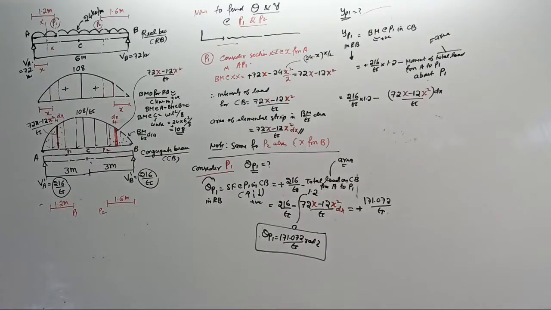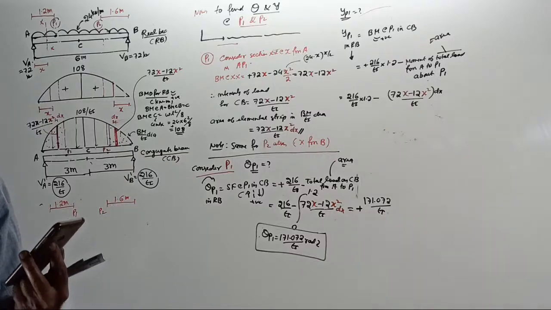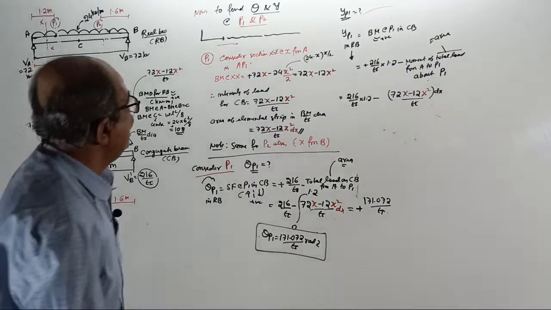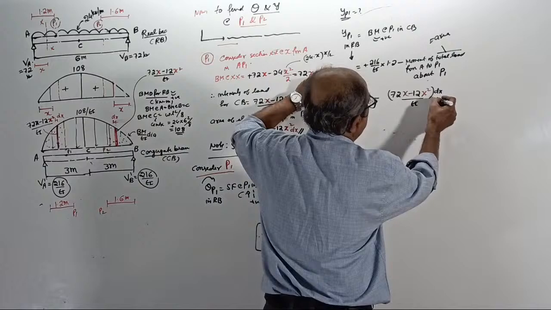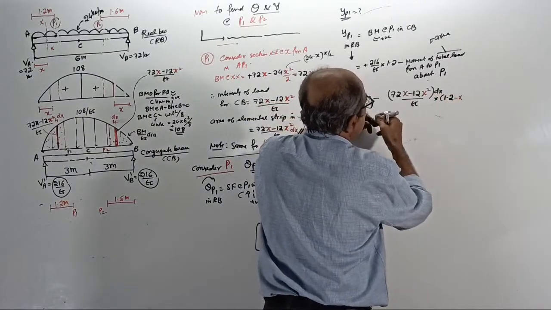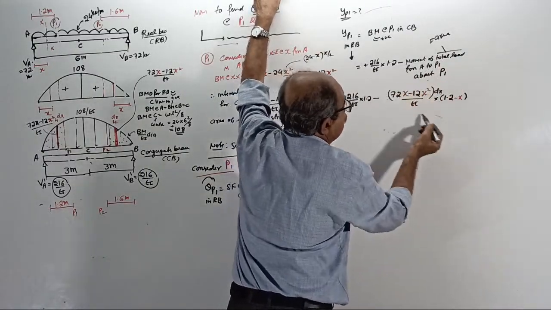That was why I was shouting. You cannot apply the 3/8 1/8 formula because that is a mathematical blunder. The distance is 1.2 minus x. You write here, this is the moment of the strip area.